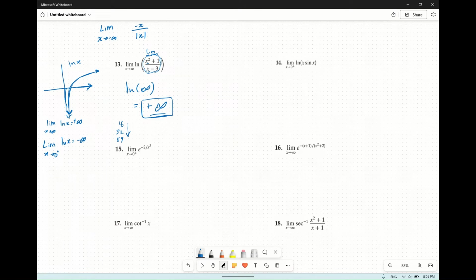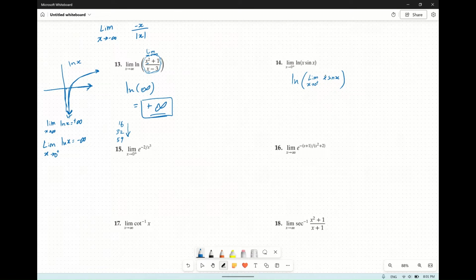Now I go here, I find the limit as x approaches 0 from the right for this: ln of x sine x. So here you can find the limit of what is inside, as x approaches 0 from the right for x sine x. So what do we get here?